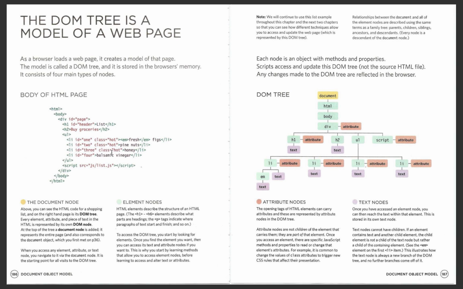The first 3 have a class on them called hot, which, for our purposes, is just a class that is going to set a color. And then this very first one has an emphasis tag inside of it, this EM. So when this page loads, the JavaScript takes a snapshot of all of it and makes a DOM tree.